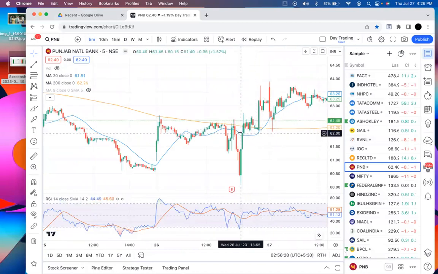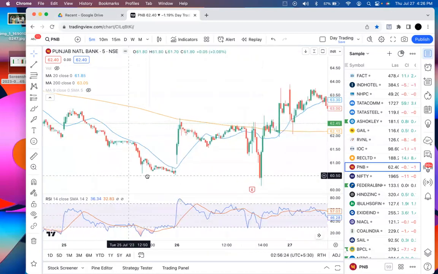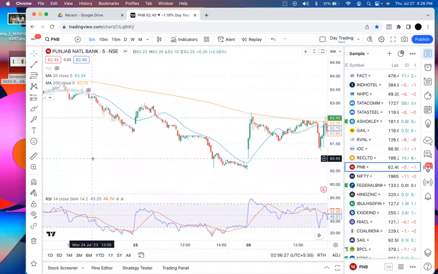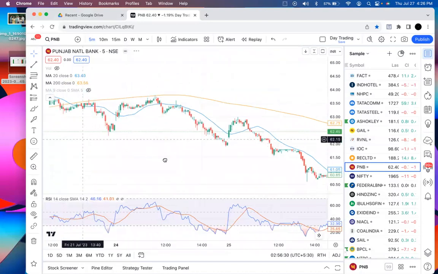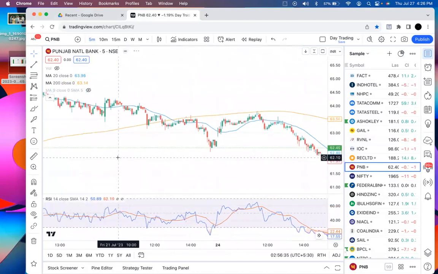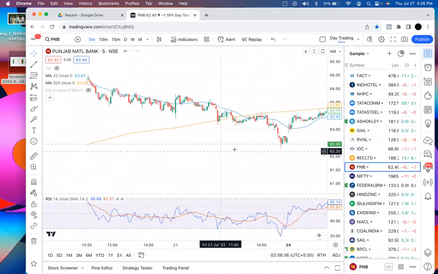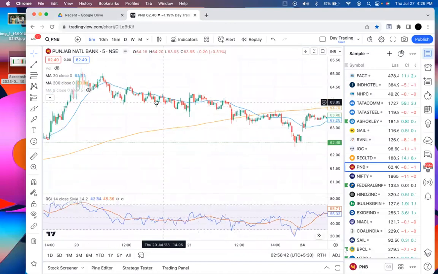Now, this time it's below, but it goes further and further away from the 200. Look at that. But then it doesn't stay away. It comes back closer to the 200. And sometimes it comes very close and touches and crosses the 200, and goes in the opposite direction. Here it is, going in the opposite direction. It's going higher, farther and farther away from the 200.